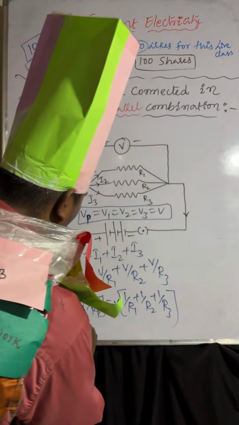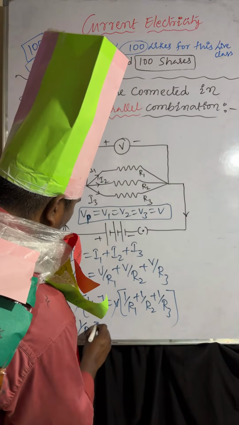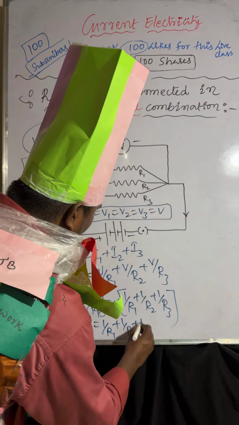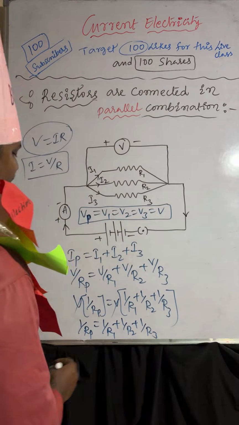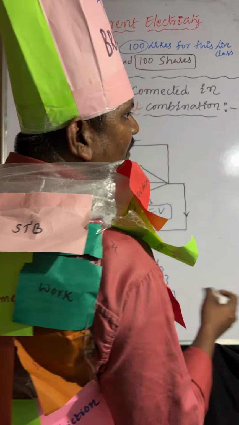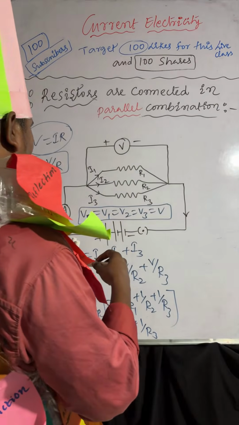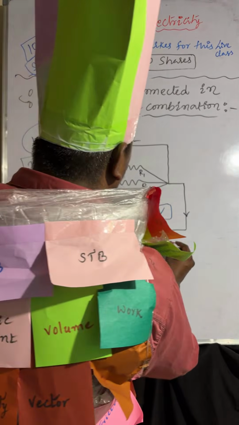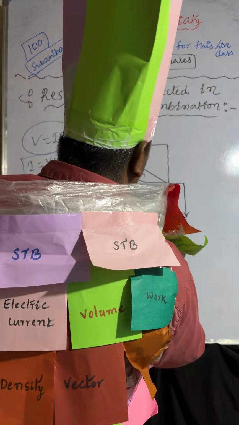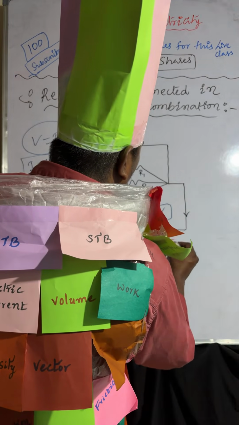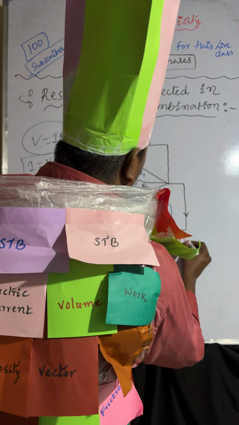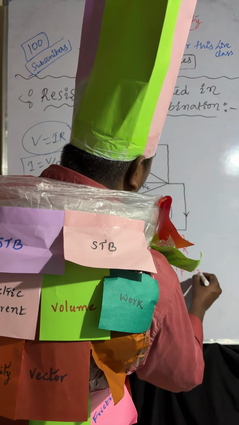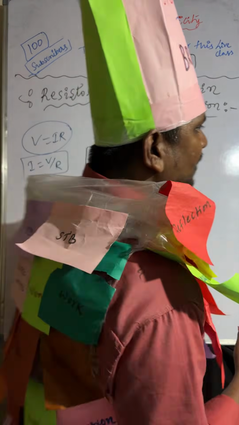So 1 by Rp equal to 1 by R1 plus 1 by R2 plus 1 by R3. If n number of resistors are connected in parallel combination, 1 by Rp equal to n by R, then Rp equal to R by n.